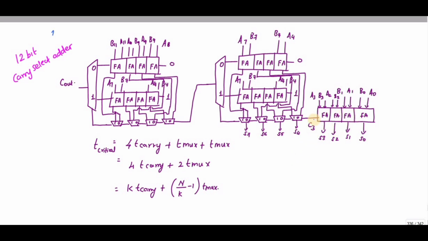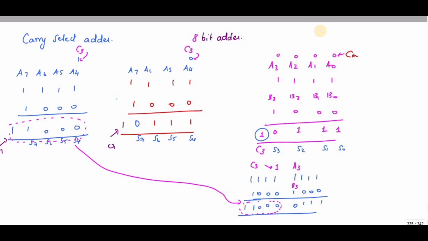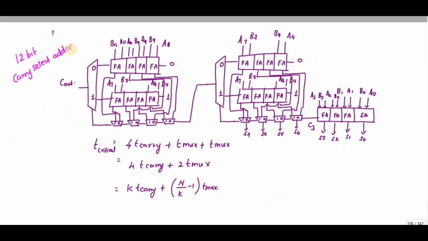Okay. So you can see the carry select adder here. Since I have predicted the C3 value, now you can see I have calculated the C3 value. Only based on the C3 value, I can select these two values, right? If it is 0, I can select this one; if it is 1, I can select this one. So this is the block diagram that I have given.